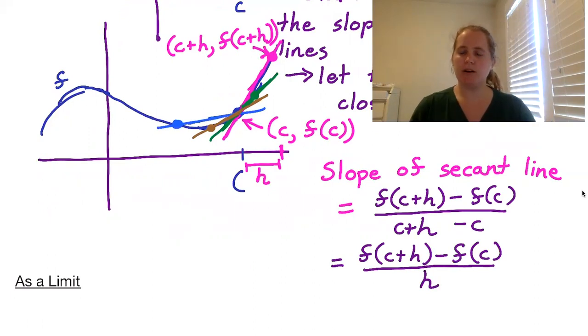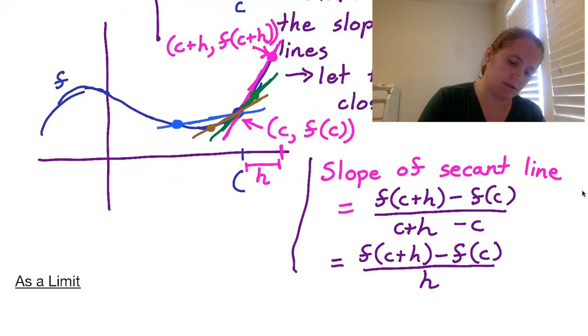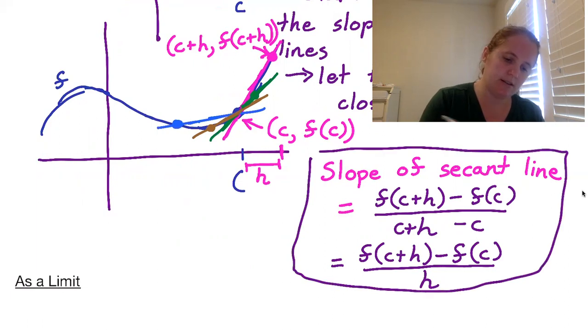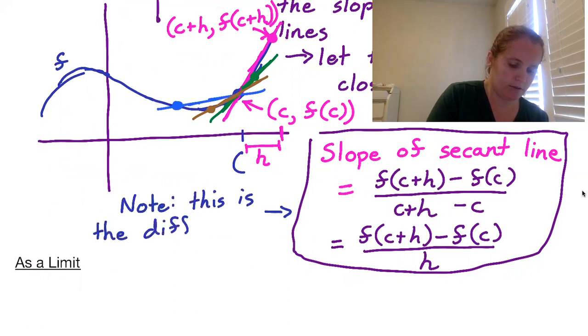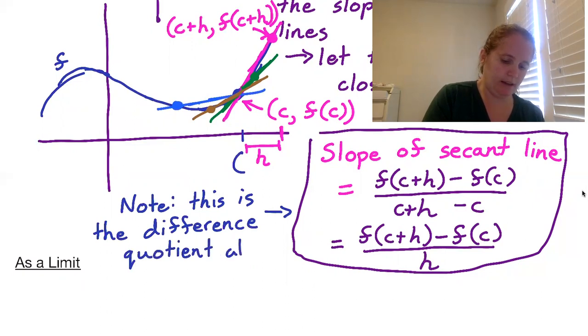So this is the slope of our secant line. Again, this is our difference quotient. Note, this is the difference quotient at x equals C.